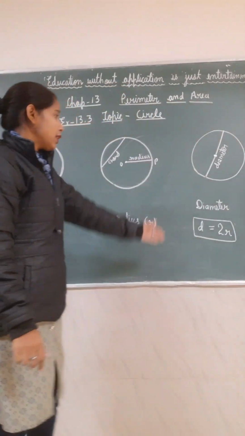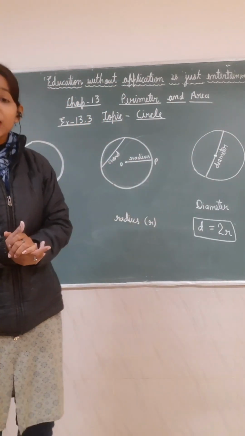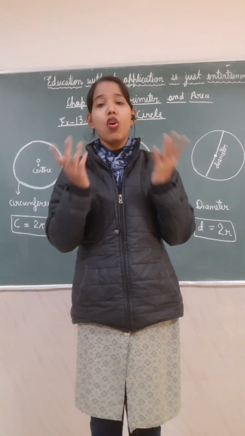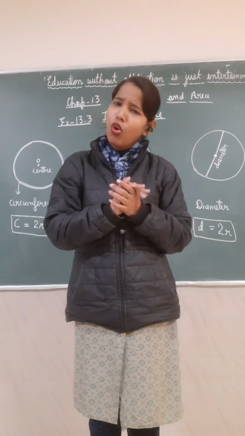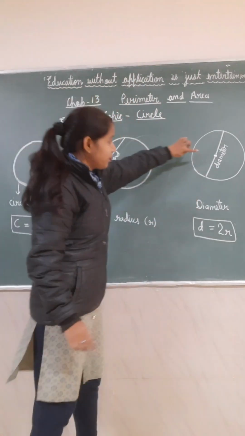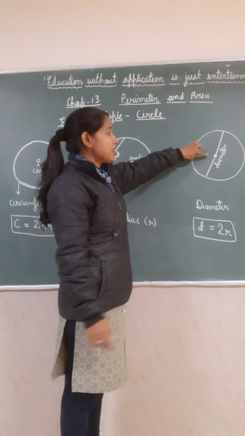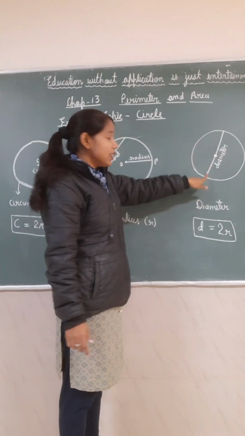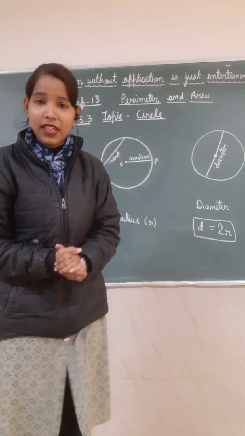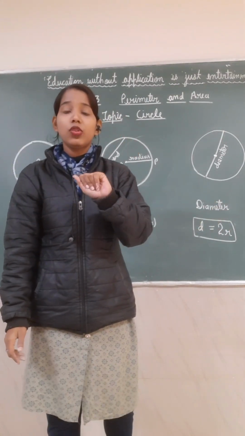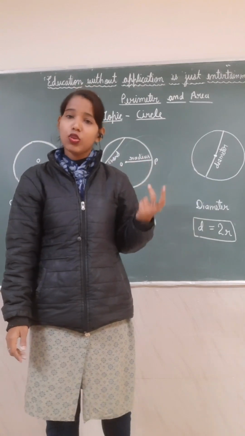Next we will move on to the diameter. What is diameter? The longest chord, or the chord passing through the center, is called the diameter. Diameter is denoted by the small letter d, and it is equal to twice the radius, that is, d is equal to 2r.